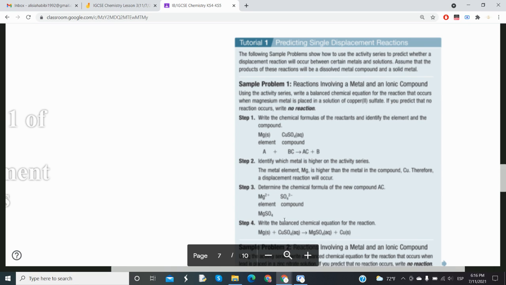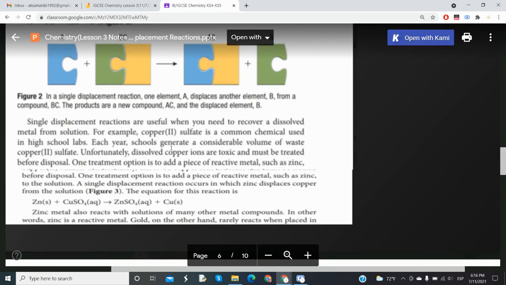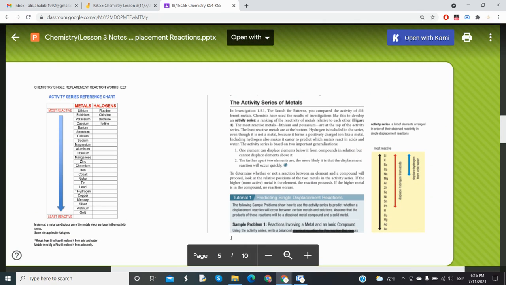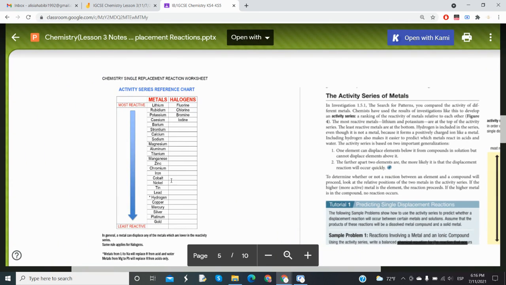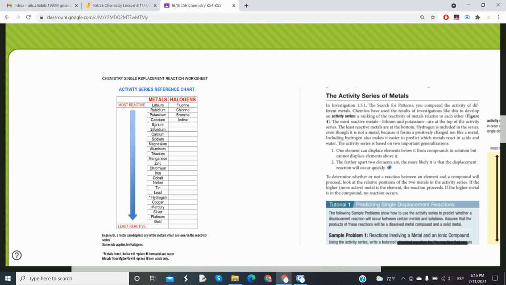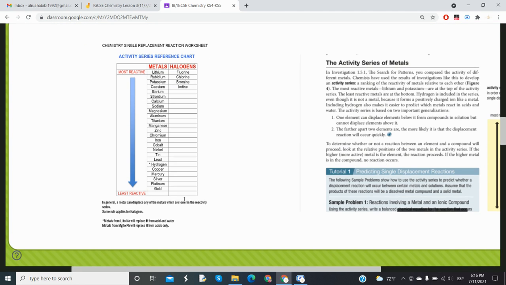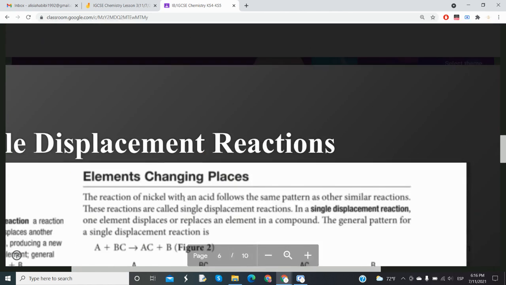When magnesium reacts with copper sulfate, if you go back to the activity series, you need to check the position of magnesium and copper and decide which one is going to displace which. As you can see in the reactivity series, magnesium is way above copper. So magnesium is here and copper is here. Which means magnesium can successfully displace copper from the copper 2 sulfate aqueous solution, and it will form magnesium sulfate, which is why we need to determine the right chemical formula.